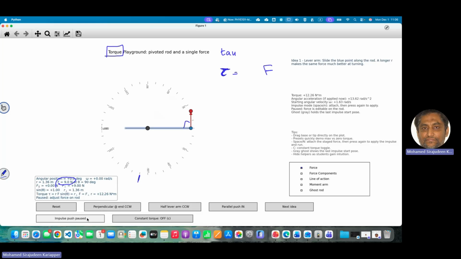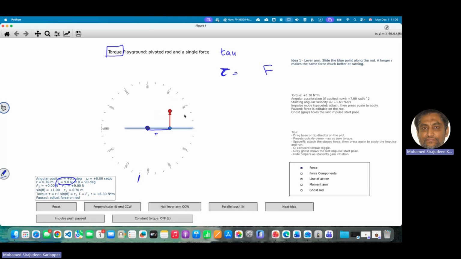Right, now I'm going to do something different. I'll bring it halfway here. So the force was initially applied at the end, now at half the distance from the pivot point. So this R, the distance from the pivot point where the force is applied, now becomes less. What do you think? The turning will be less, right?